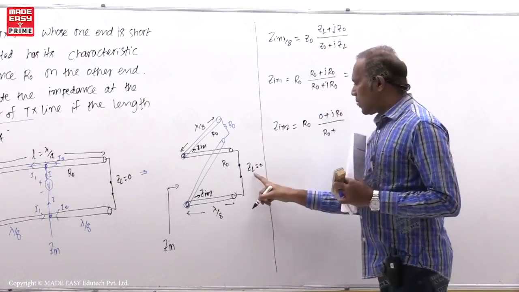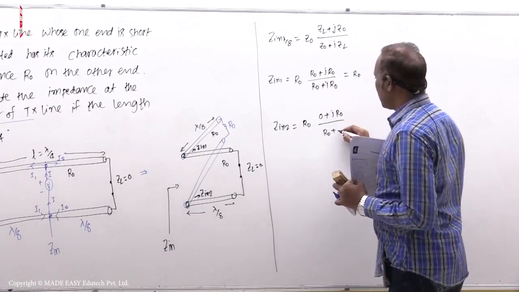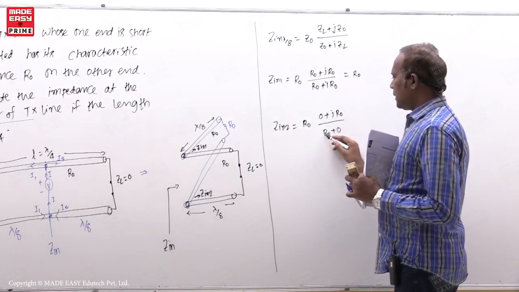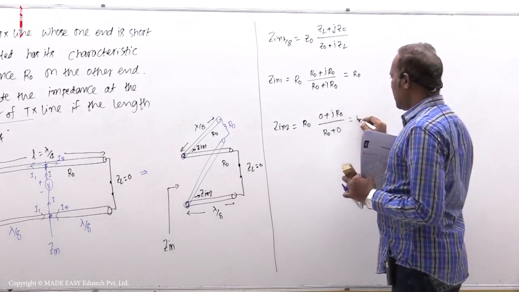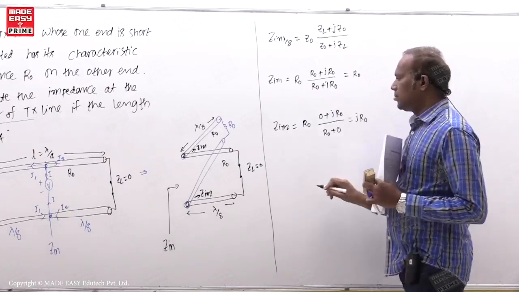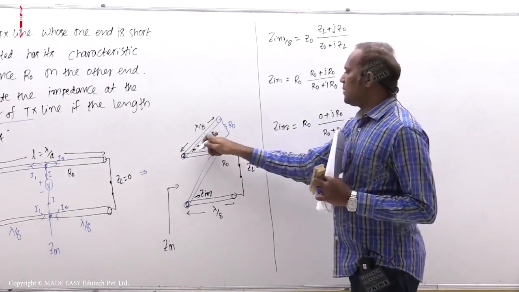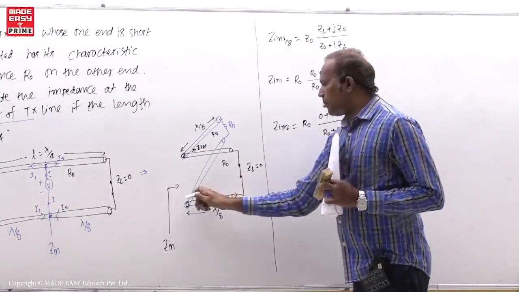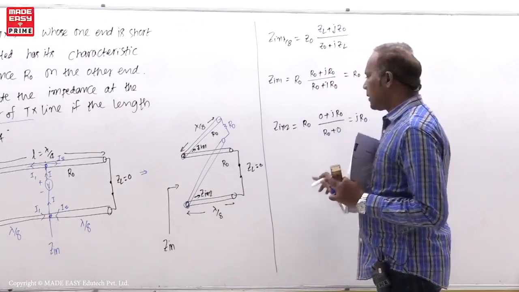Here ZL is 0 for this short circuit. So ultimately R naught, R naught cancel, you get jR naught. So the input impedance of this section is R naught. The input impedance of this section is jR naught.